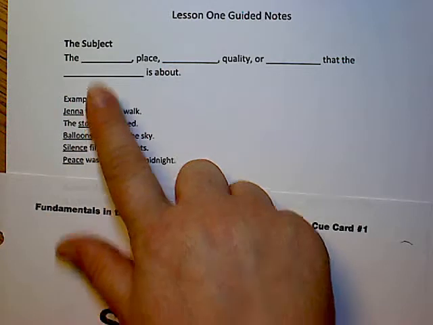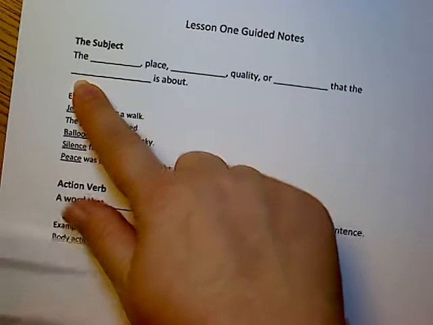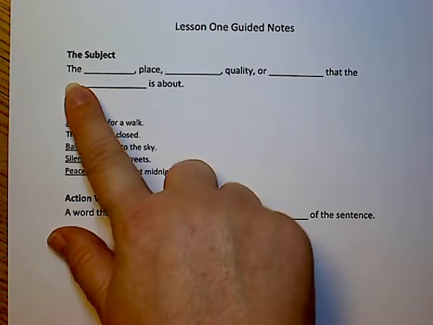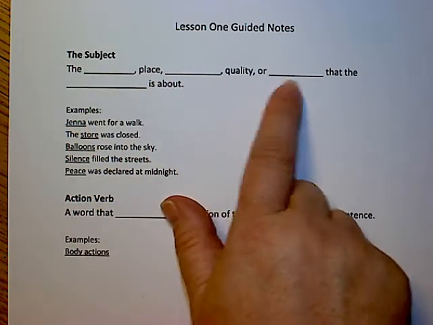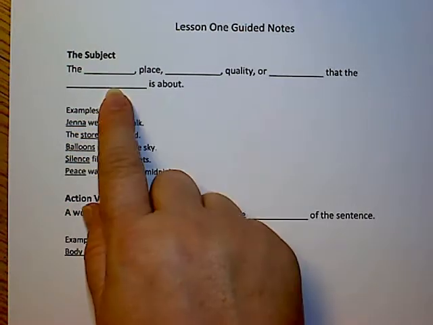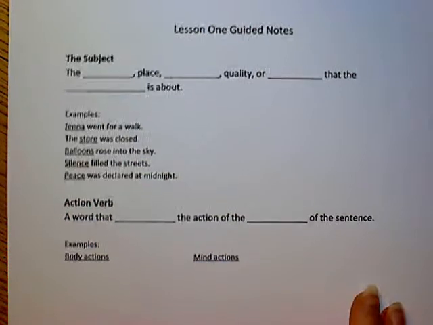a subject, the subject. Now the subject of a line is a person, place, thing, quality, or idea that the sentence is about. So let's see what that looks like when I write it.